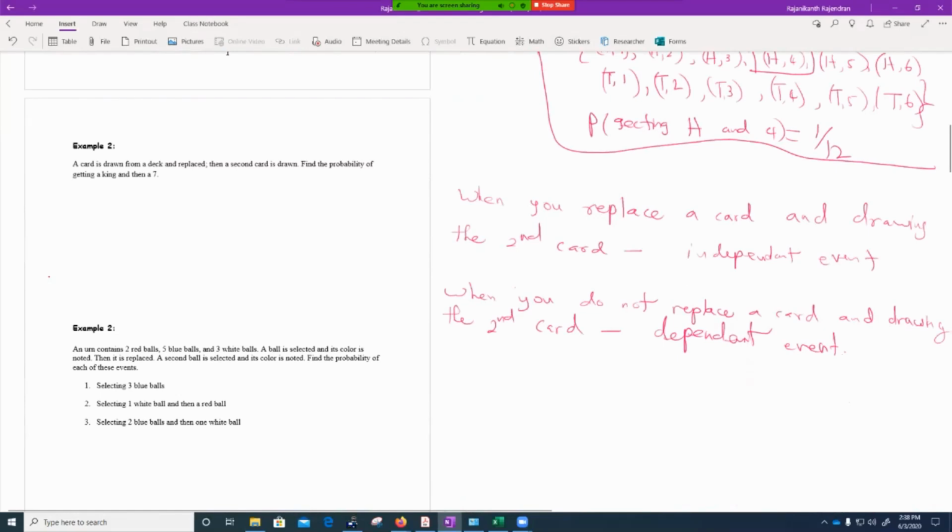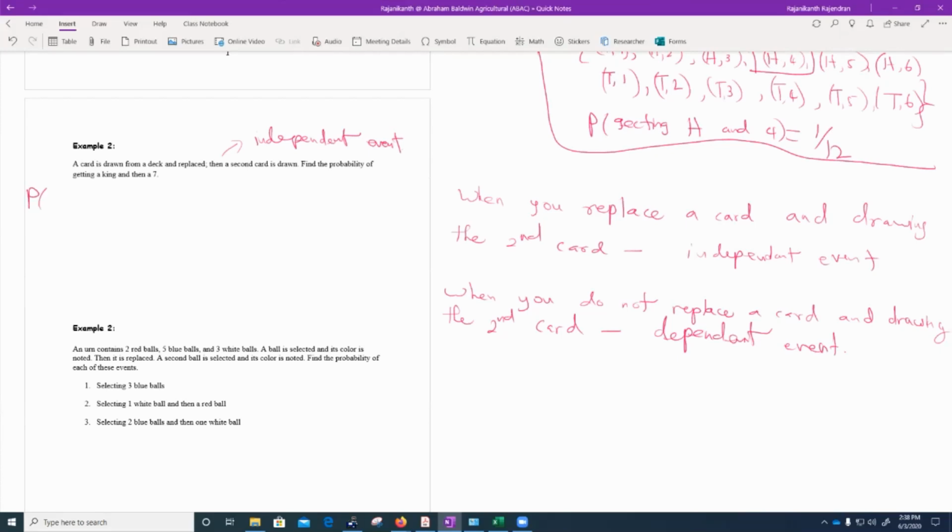Okay. So now let's look at the problem. A card is drawn from a deck and replaced. Then a second card is drawn. Therefore, independent event. Find the probability of getting a king the first time and then getting number 7 the second time.